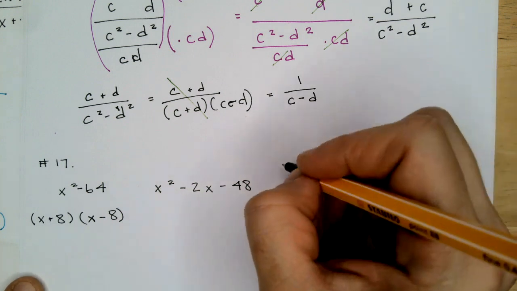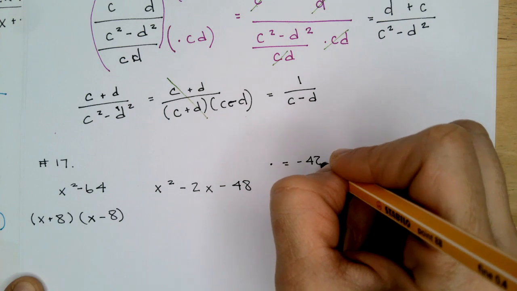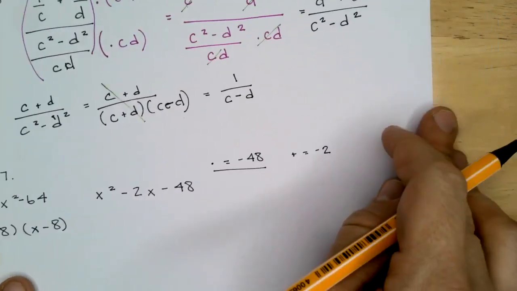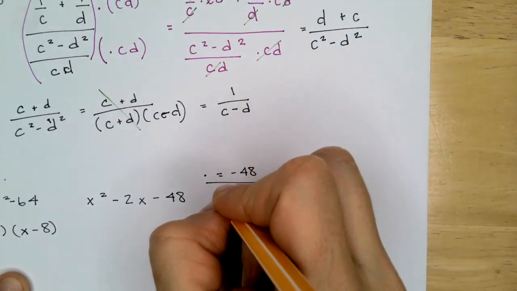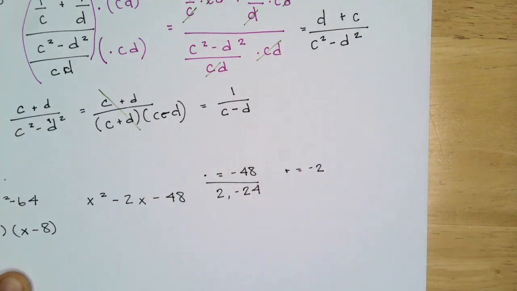X squared minus 2x minus 48. Multiply to equal negative 48, add to equal negative 2. What else was 48?